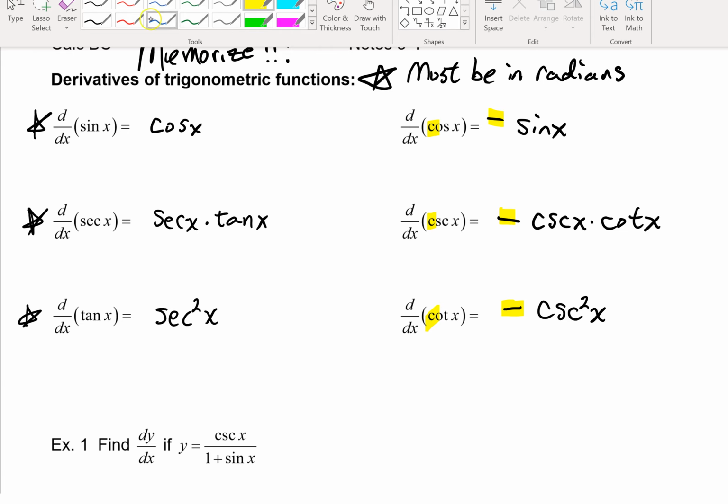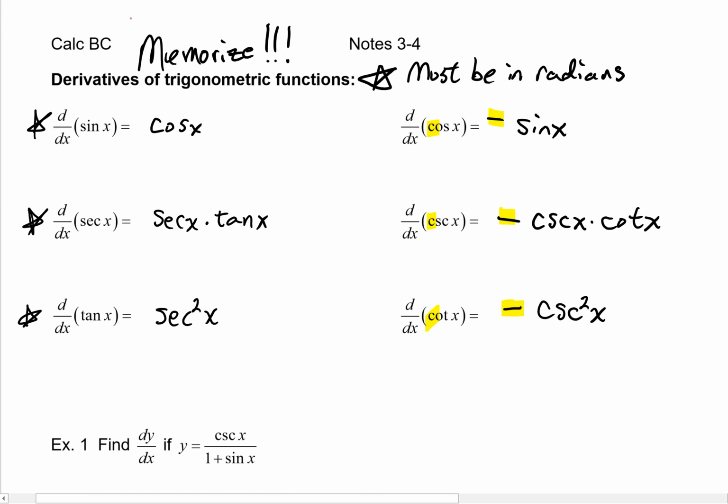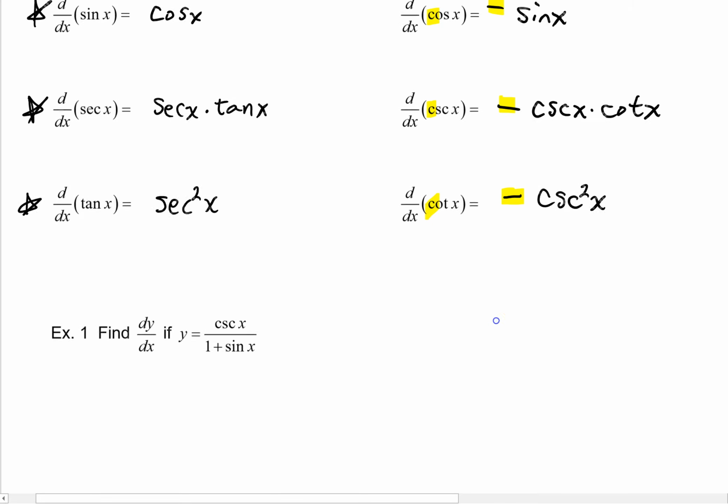But then you can see that these co-function derivatives are amazingly close to the derivatives of the trig functions without the co-functions. Hopefully you can see these strong similarities. You want to have these memorized. Make yourself flashcards if you need to, but these are non-negotiable. You really need to know these backwards and forwards.